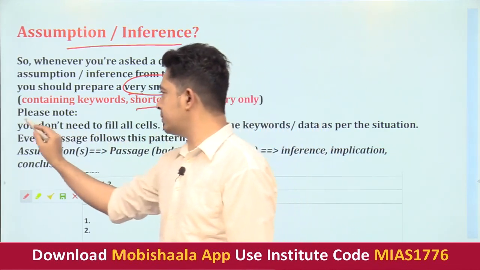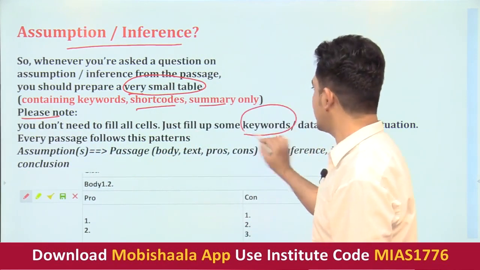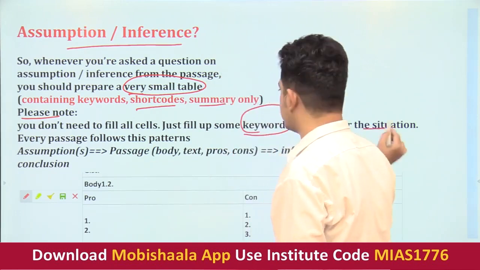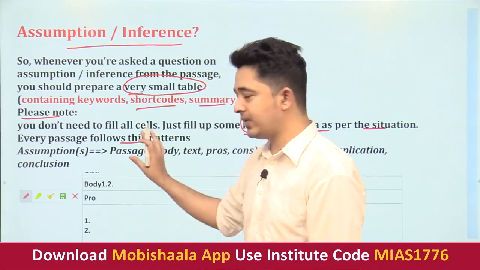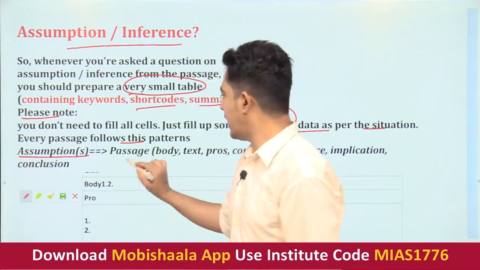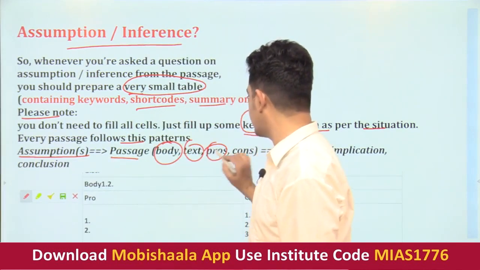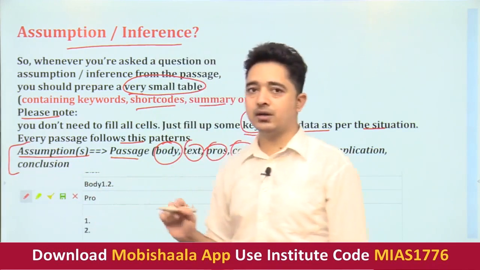You don't need to just fill up keywords which are to be used in the passages, and then data as per the situation. Every passage follows this pattern, so read and listen very carefully: first assumptions, then the passage body, then text and pros and cons. This is what you need to understand. Now you're not required to do the other things.